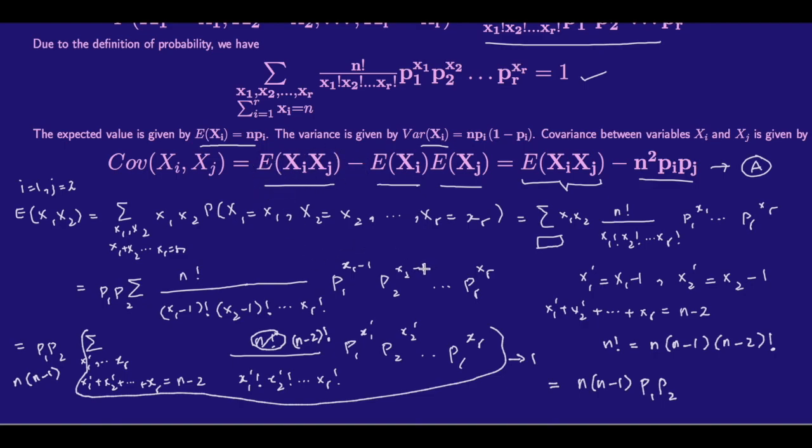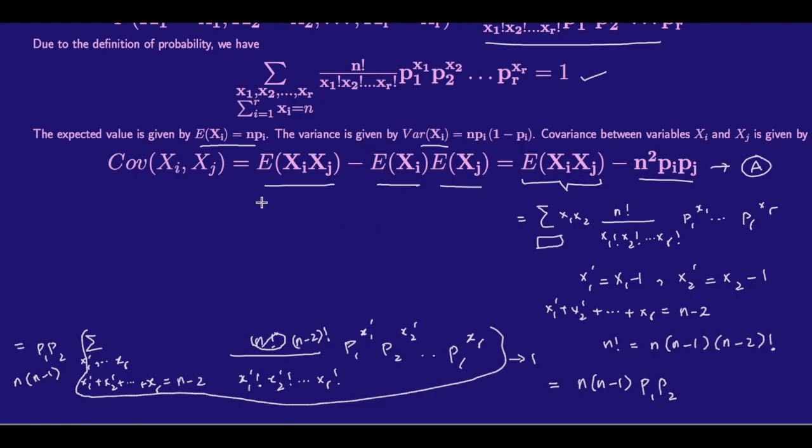But we are interested in what? We are interested in the covariance. So this expected value is n times n minus 1 times p1 p2.